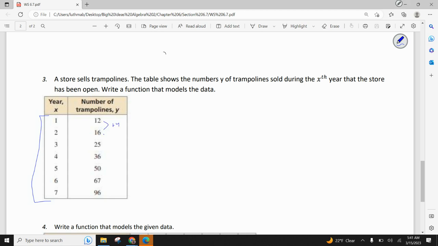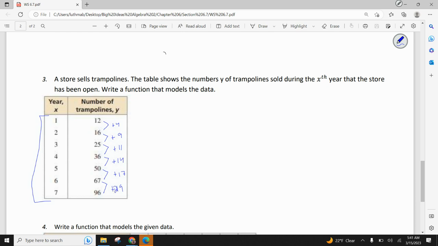This looks like it's going +4, +9, plus is it 11, +14, +17, +19. Does that seem right?